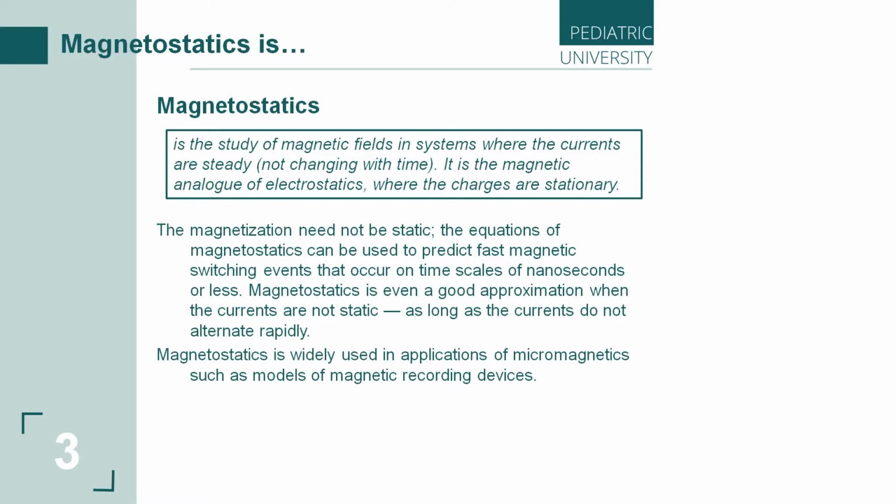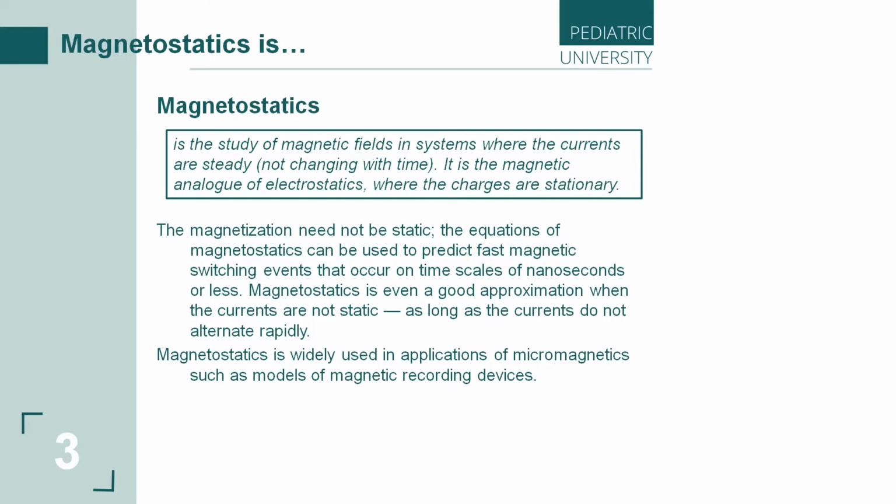The magnetization need not be static. The equations of magnetostatics can be used to predict fast magnetic switching events that occur on time scales of nanoseconds or less.